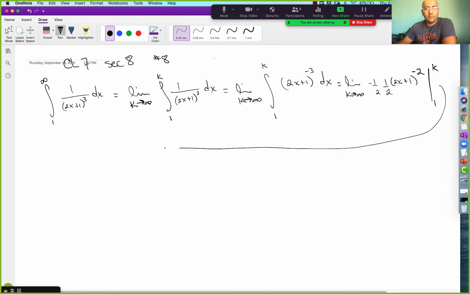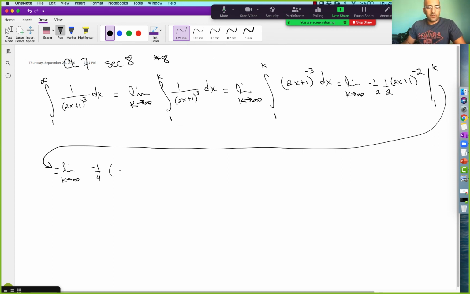Let's put this over here and simplify it. This is equal to the limit as k goes to infinity of negative 1/4 times 1 over (2x plus 1) squared, evaluated from 1 to k.